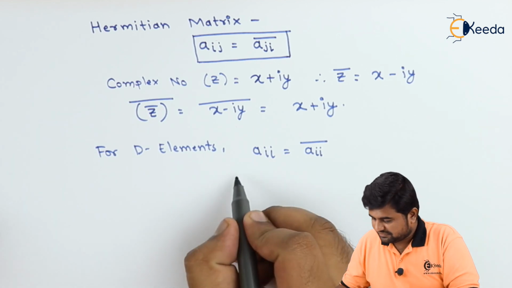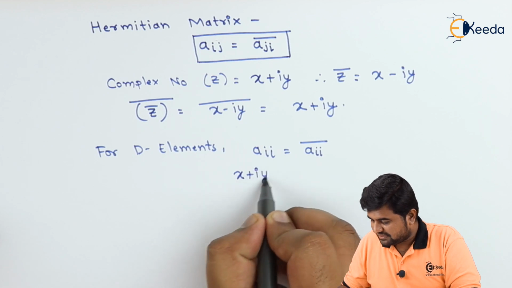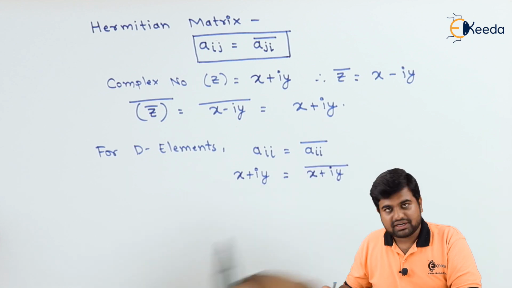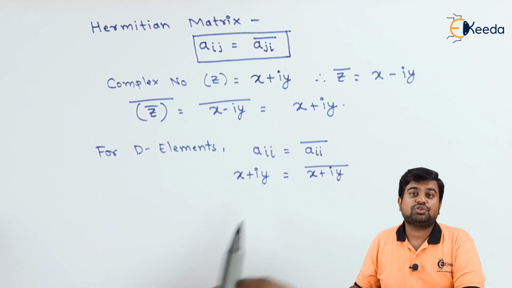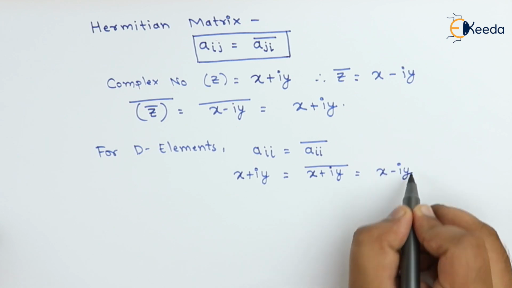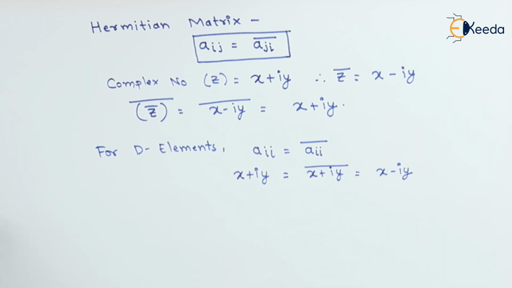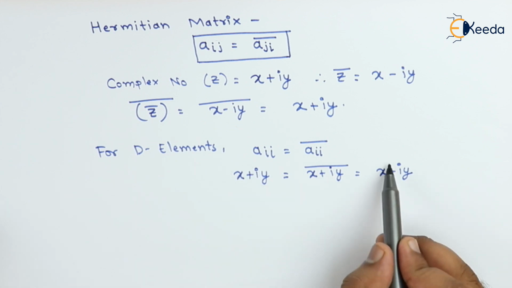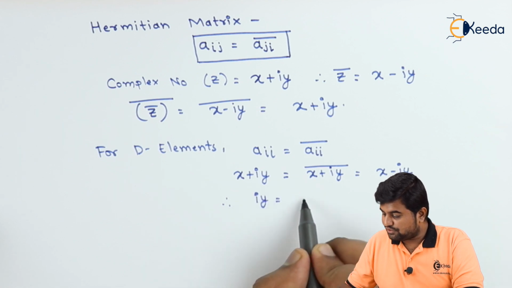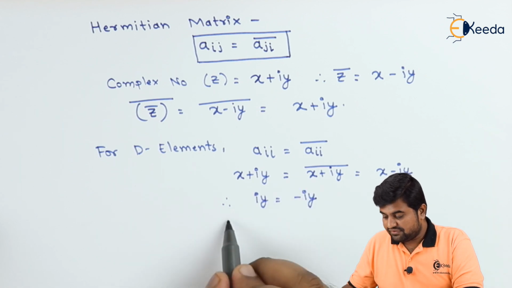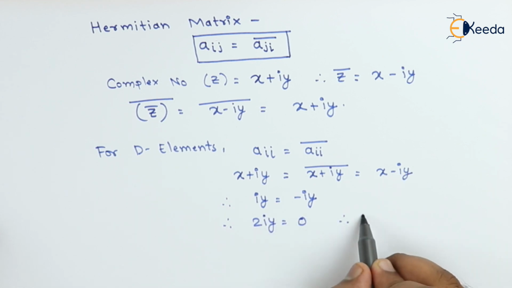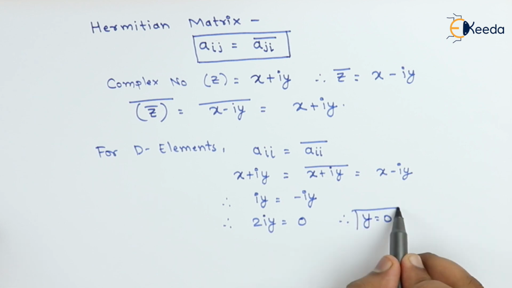That means x plus iy has to be equal to the conjugate of x plus iy. Now we know the conjugate of x plus iy is x minus iy. So if we cancel x and x from here, we get iy is equal to minus iy, which is nothing but 2iy is equal to 0. Therefore, we get y is equal to 0.